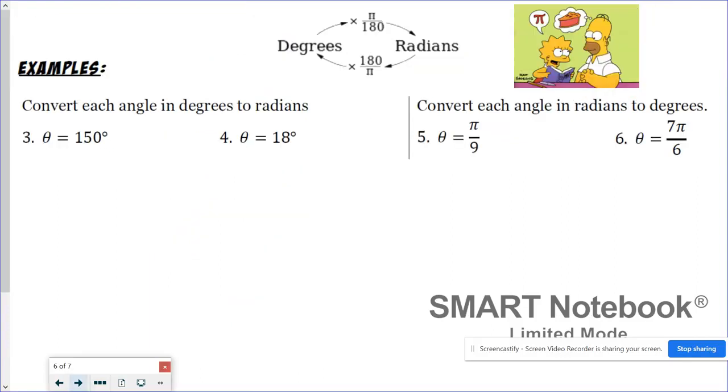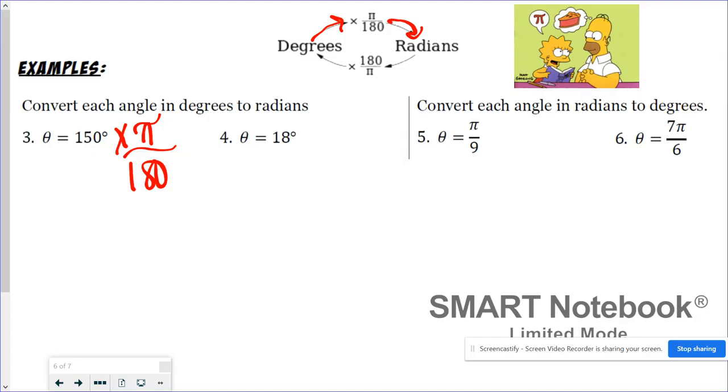So going back to that whole business of converting, in 3 and 4, we want to go from degrees to radians, and we can do that simply by multiplying by pi over 180. Now you are expected to have fractions in simplest form, and many calculators will simplify fractions for us. On the graphing calculators, after you do 150 over 180, you can go math, enter, and it will simplify the fraction.